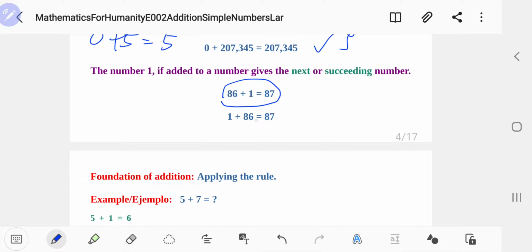So 1 plus 86 is also equal to 87. You can interchange, as I've said, the two numbers that you're going to add. Or you may be adding 4 numbers. You can also interchange the order of those numbers if you add them.